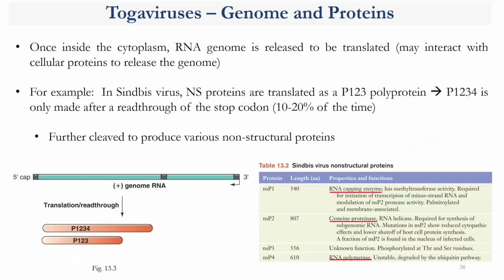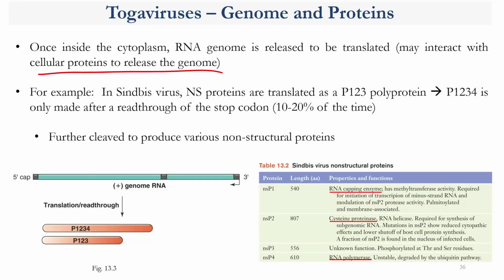Now, once you're inside the cytoplasm, the RNA genome will get released, and then it gets translated, okay? The nucleocapsid that's in the cytosol may interact with other cellular proteins to become loose and allow the genome to go into the cell.